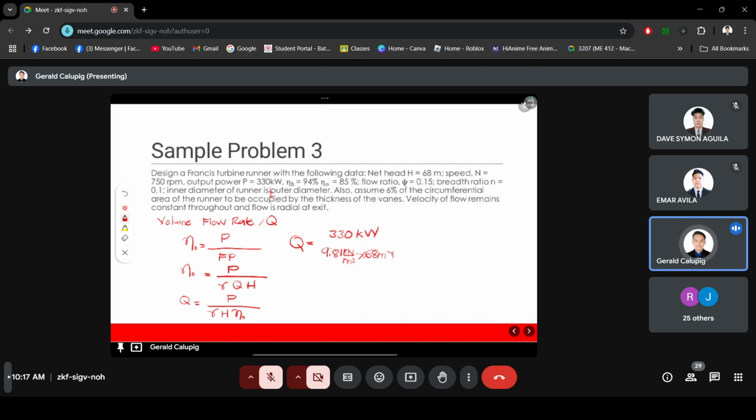Ano po ang overall efficiency natin given sa problem? We have here 85%. So 0.85.